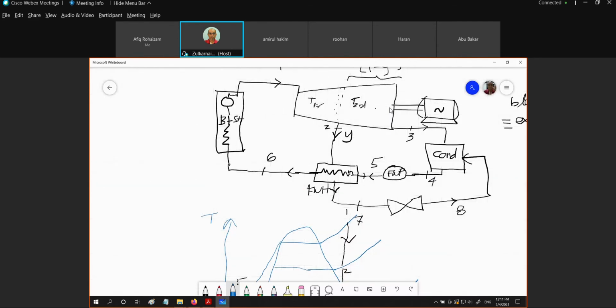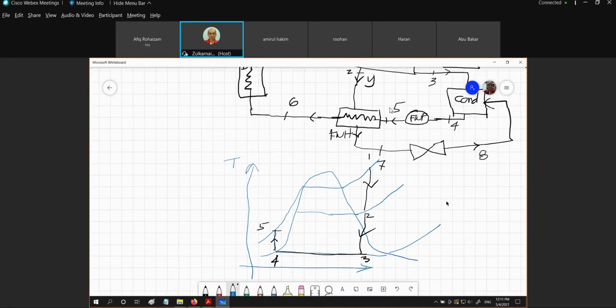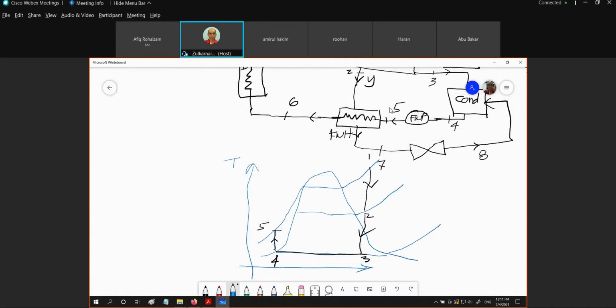You see here? From 5 to 6, the feed water from 5 will absorb the heat from the Y, which is at 2. So it will absorb until becoming 6. Okay, so 5 becoming 6.